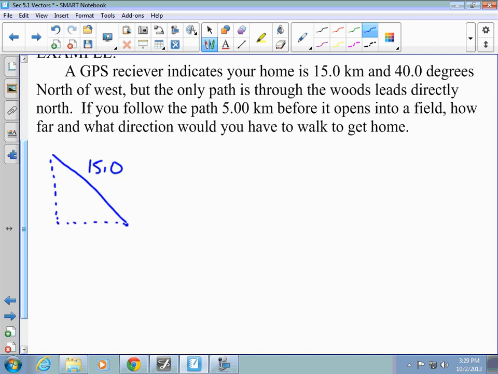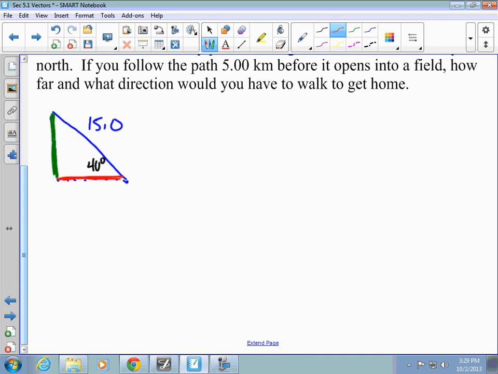Well, before we even continue, I want to figure out my y value and my x value, understanding that I am 40 degrees. So how am I going to do that? Well, we're going to use a little bit of trigonometry. When we're solving for the y, or the opposite, remember, we're going to use sine.